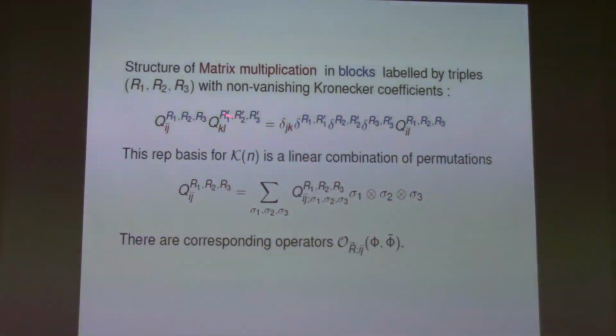These are the deltas. So that's why I say matrix blocks. These are the matrix structure and this is the block structure. If this triple is different, this times that is 0. Okay, so matrix blocks.